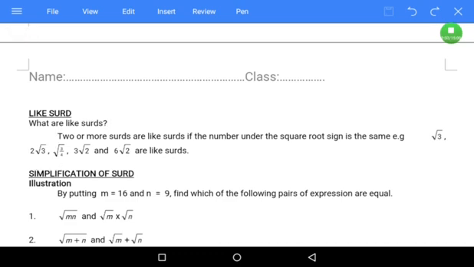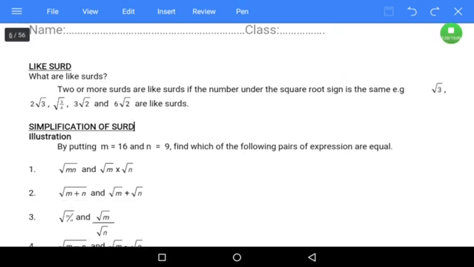So these numbers having 3 alone in their square root, they are called like surds. You can also have 3 root 2 and 6 root 2. You can have 10 root 2, 4 root 2, 6 root 2, 8 root 2. They are like surds because of the root 2 that is common to them. You can also have 2 root 5, 3 root 5, 8 root 5, 9 root 5. As long as we have the same number in the square root, they are termed like surds.